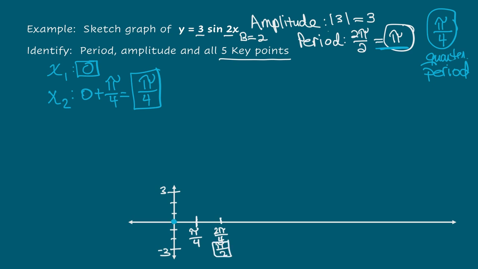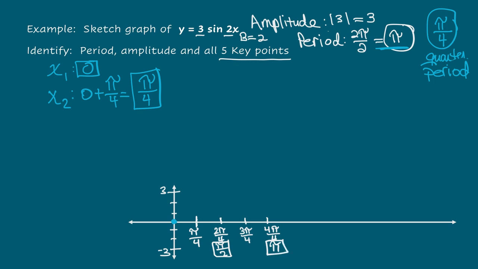Okay, pi over 2. My next increment is going to be 3 pi over 4. See how I'm just counting here? 1, 2, 3 pi over 4. My next increment is going to be 4 pi over 4, which is actually just pi. And look, that's where my cycle is going to end.